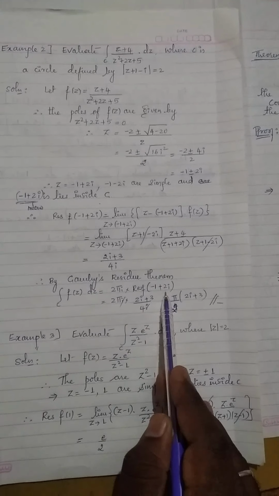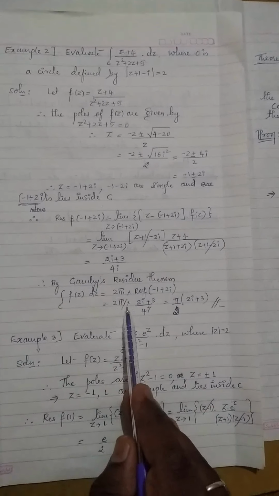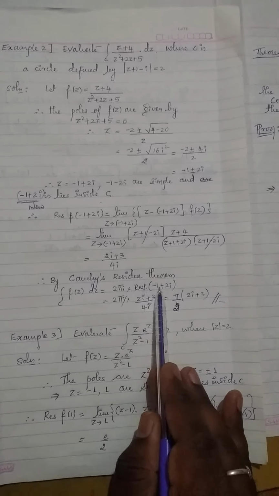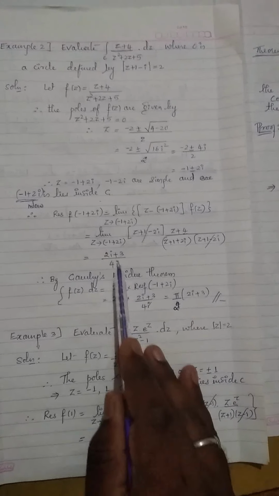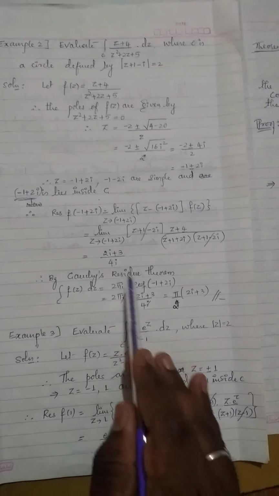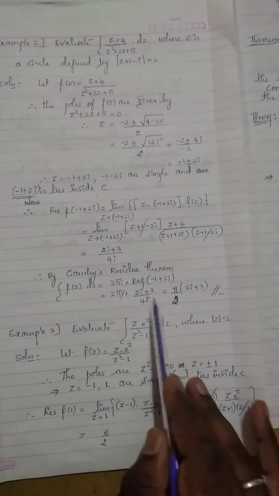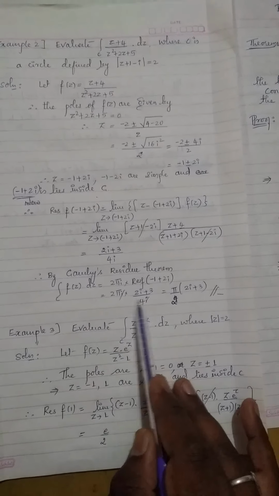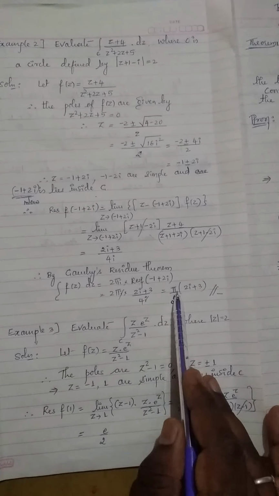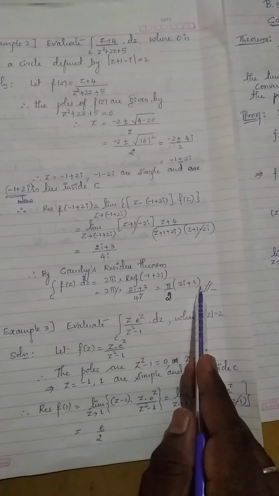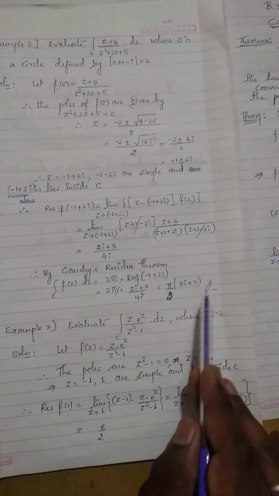So here 2 pi i into the residue of f at minus 1 plus 2i, which is (2i plus 3) divided by 4i. Put this in this equation. The i's get cancelled, the 2s cancel, and we get pi by 2 into (2i plus 3). So this completes the solution of the second problem, right?